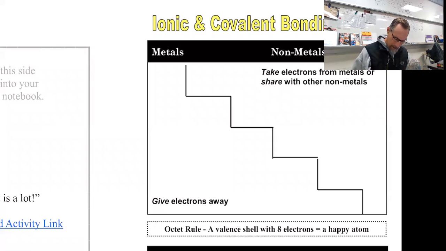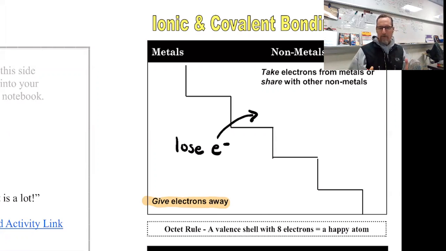And so that metal wants to give away its electron in order to get stable. So what it will do is lose an electron or 2 electrons or 3 electrons, and then basically transfer that electron over to the nonmetal.